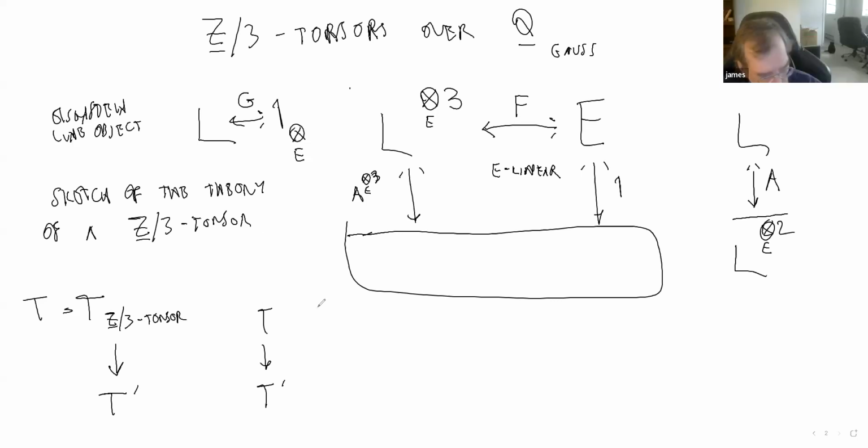Yeah, I think that's right. So I think I'm saying that T prime is the affine variety, and T is the orbit stack.